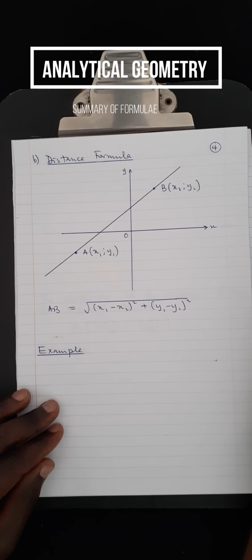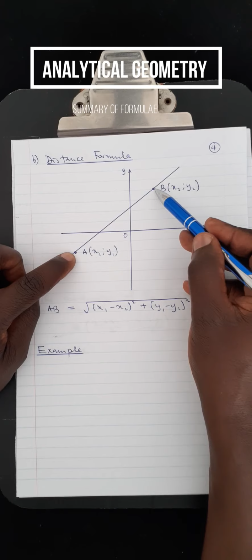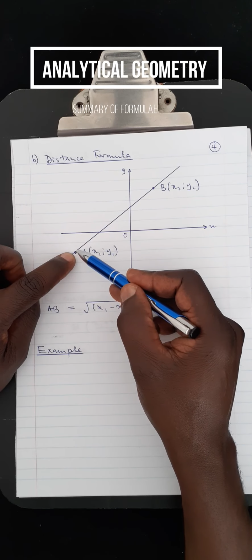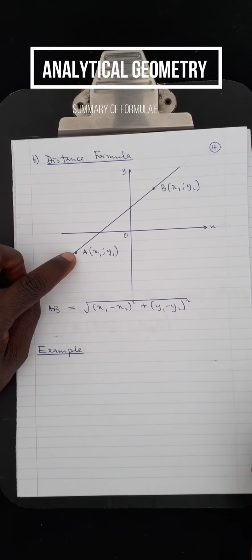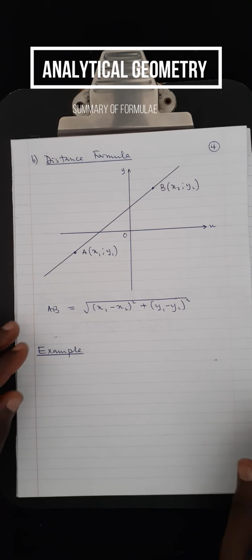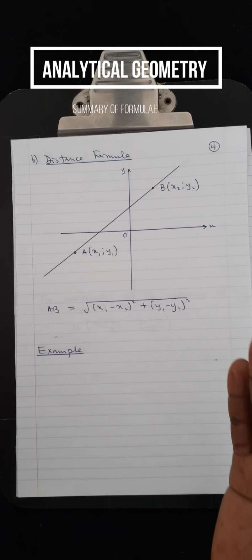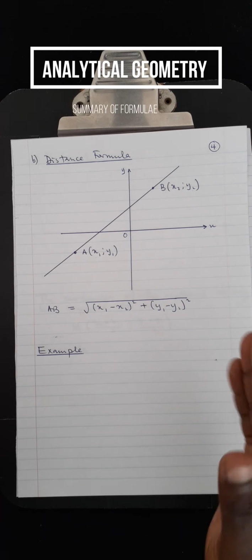So the question is, how far is it from A to B? What is the distance between A and B? So we use a distance formula. I will not get into the details of where this comes from, but it comes from the Pythagoras theorem.